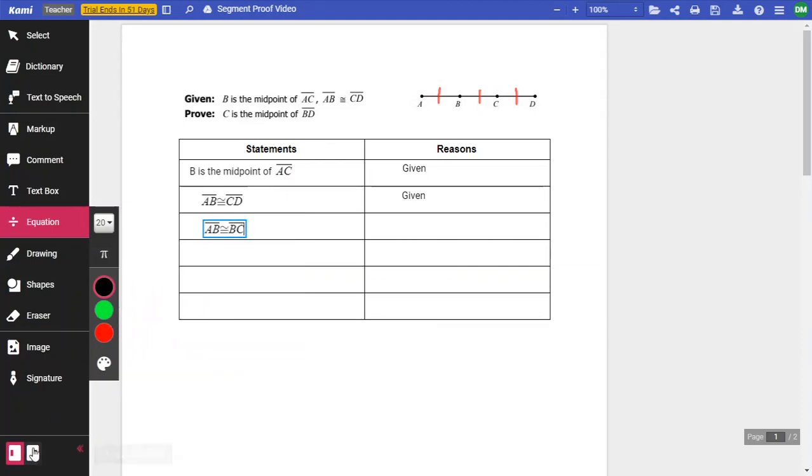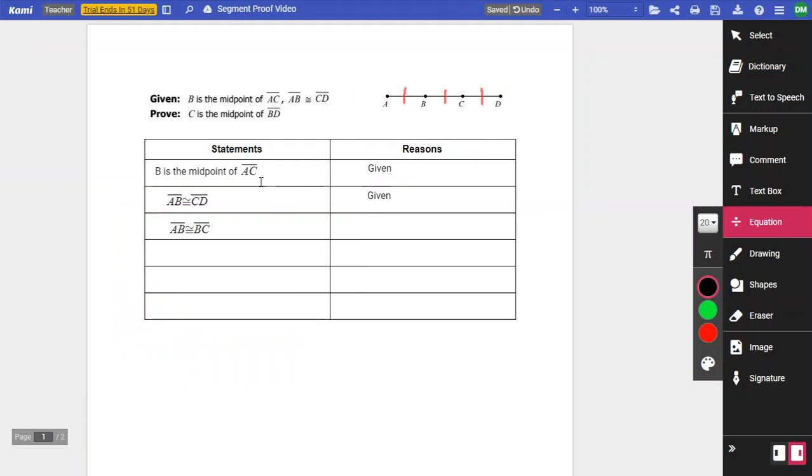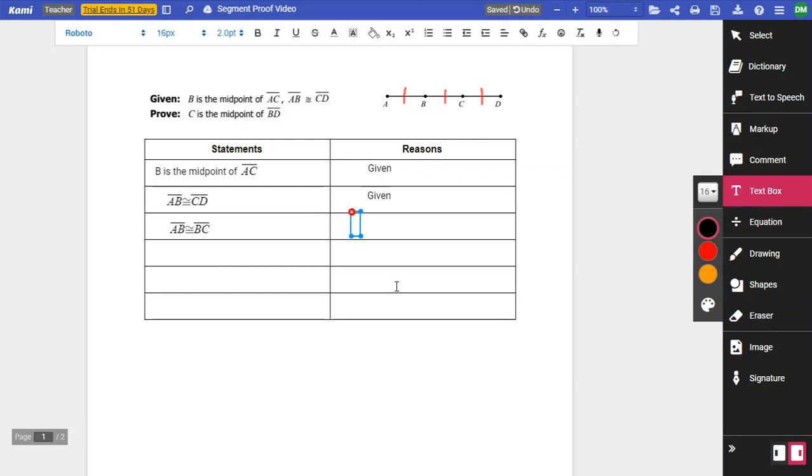And in fact, it would probably be easier if I moved this to the right side. Okay, so segment AB is congruent to segment BC, and the reason I know that is because there was a midpoint here. So my reason for this is going to be the definition of a midpoint. So I'm using one of those definitions as my reason here.